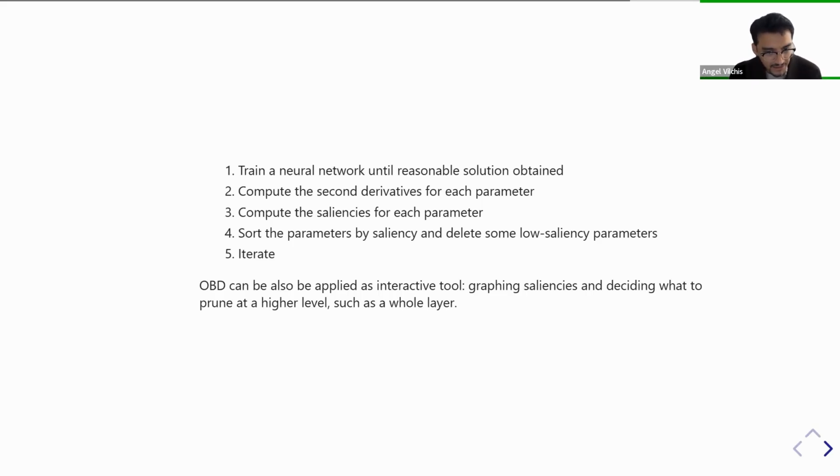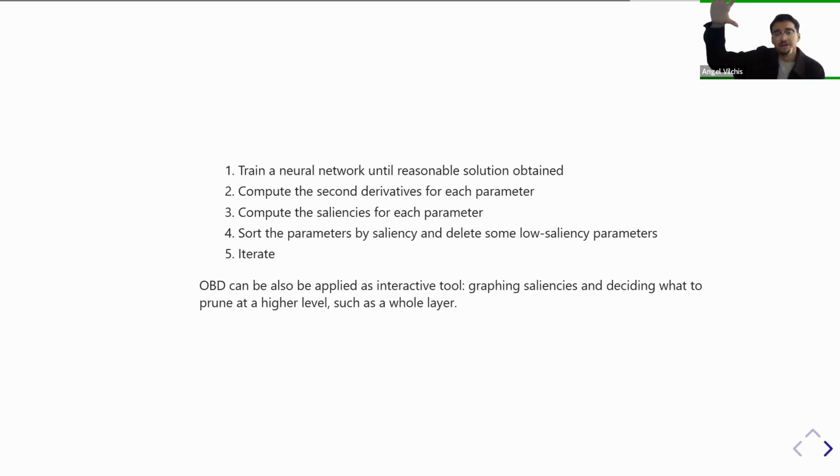Another thing about the approach is that in the paper, they graphed the saliencies. So imagine you have all the saliencies and you graph them to see the saliency on a higher level, maybe layer by layer, and then you can see if it's worth removing an entire layer.